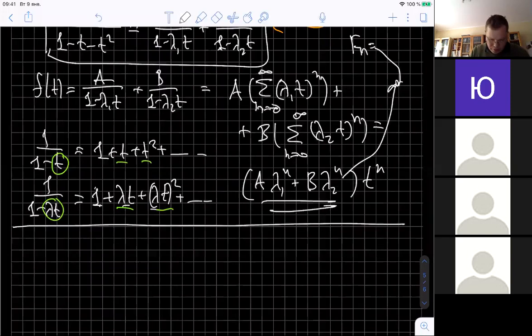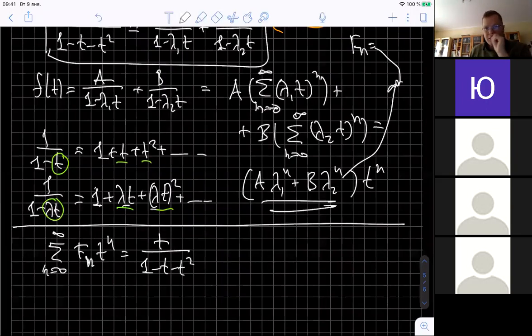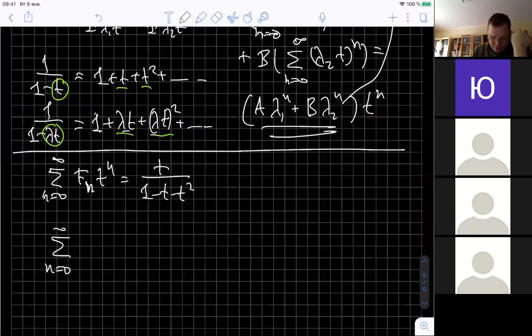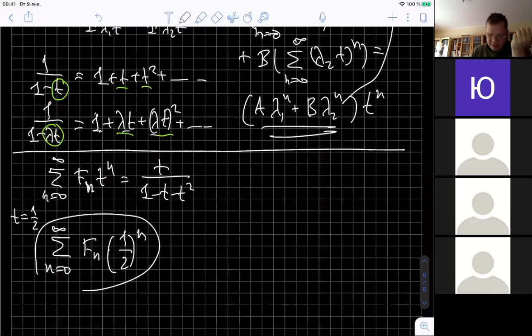But here we have another application of this formula. So if we prove that the Fibonacci generating function is t over 1 minus t minus t squared, then maybe we can find something. So if we take t equal, for example, to 1 over 2, then maybe we can find the sum of this power series.